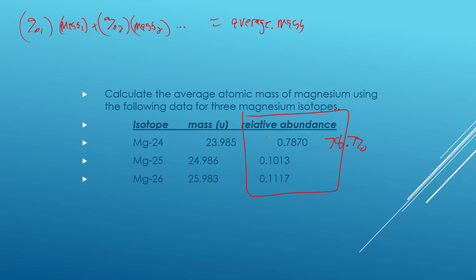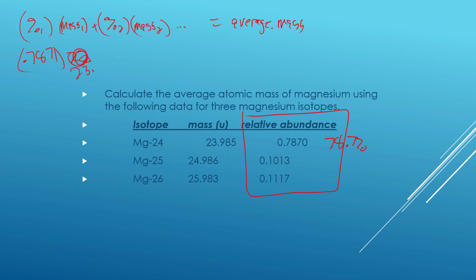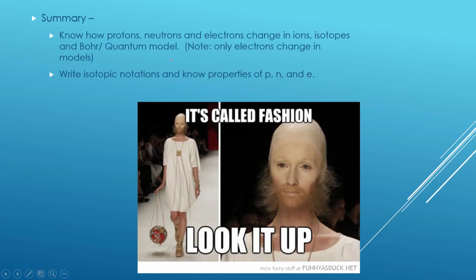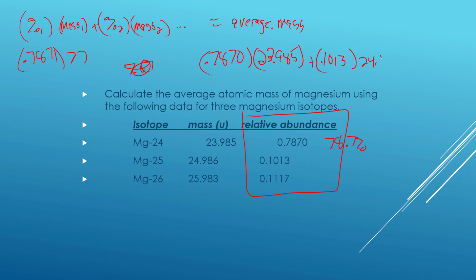Percentage 1, 0.787, times mass 1, 23.985, plus percentage 2, 0.1013, times mass 2, 24.986, plus 0.1117 times 25.983.